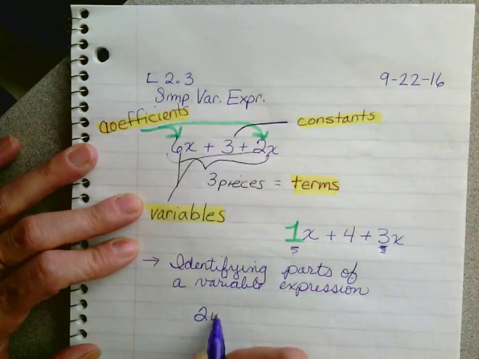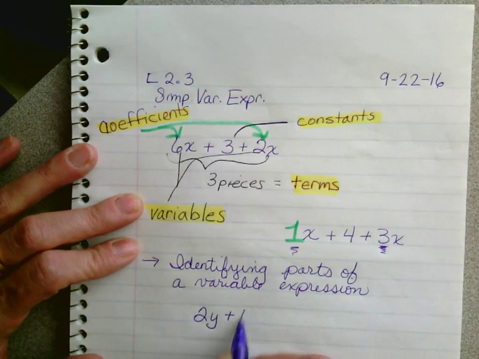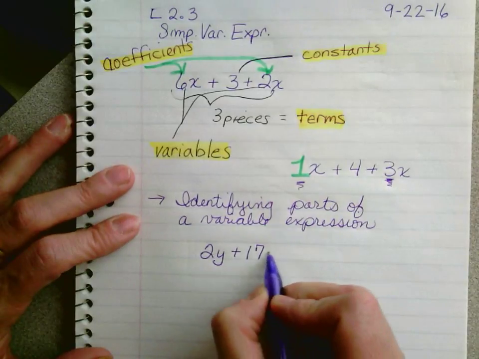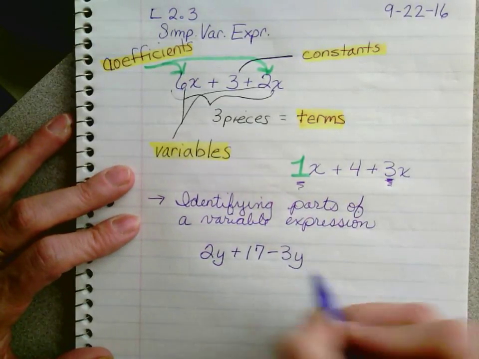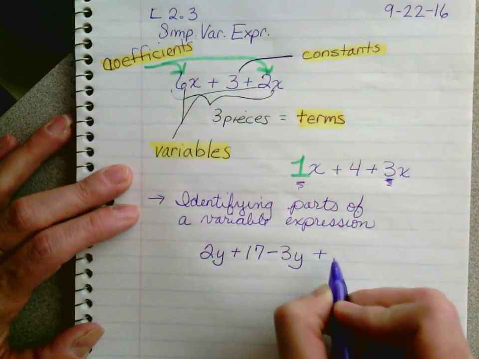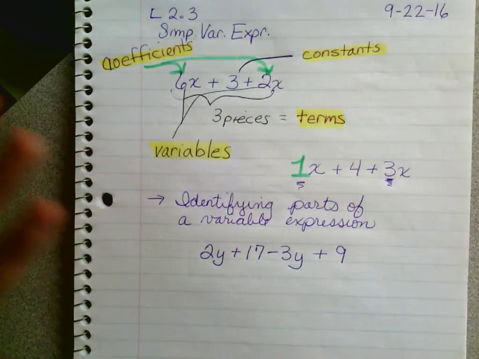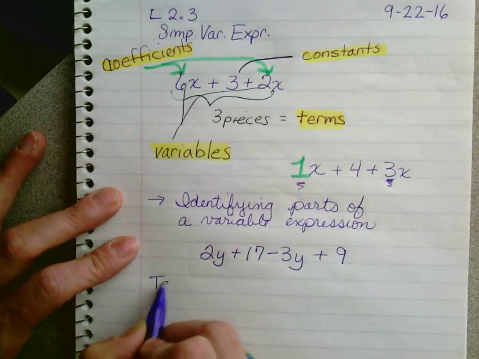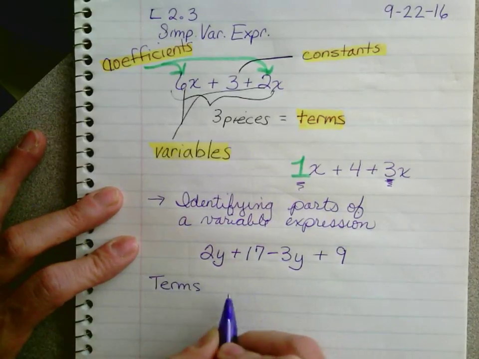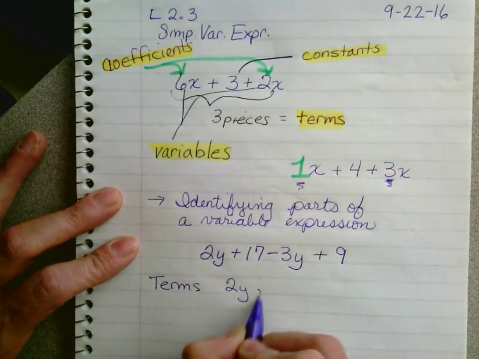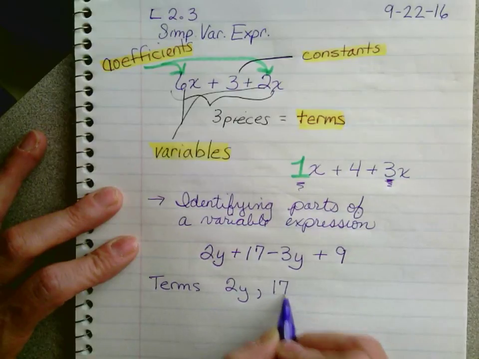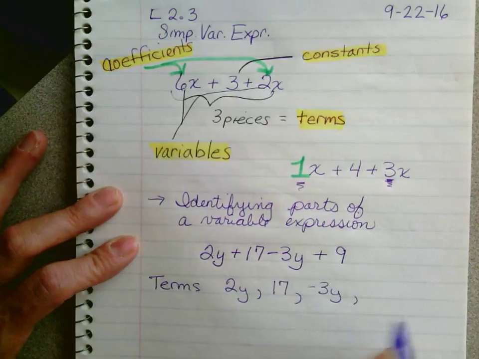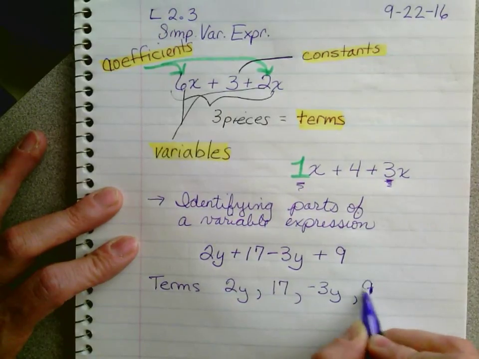So let's do 2y plus 17 minus 3y plus 9. The terms of this expression are 2y, 17, negative 3y, and 9.